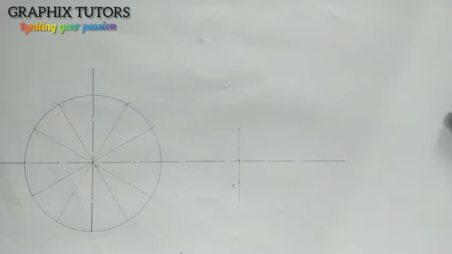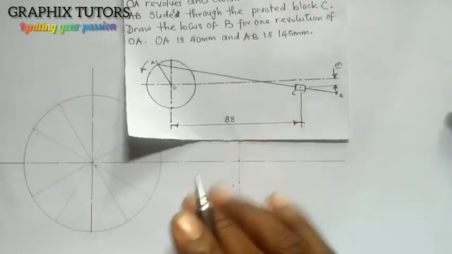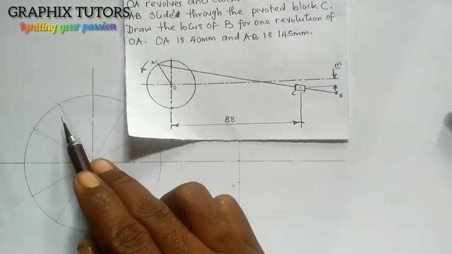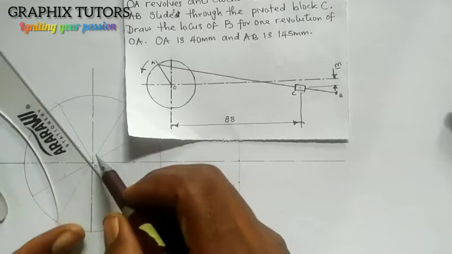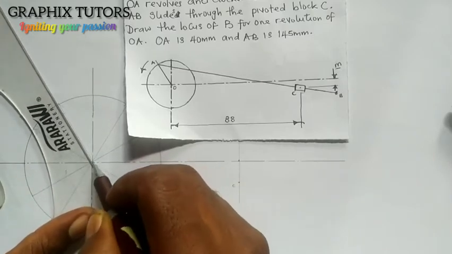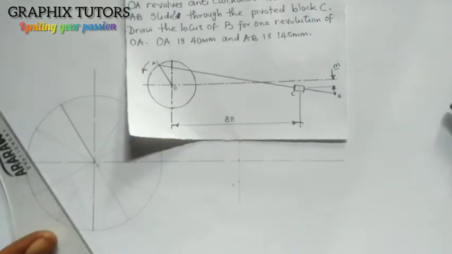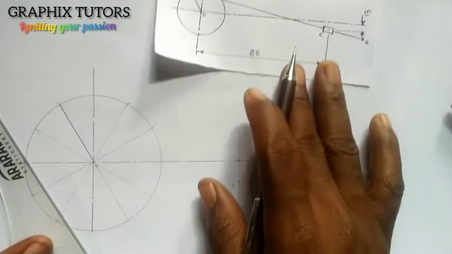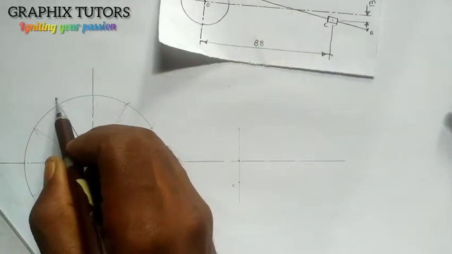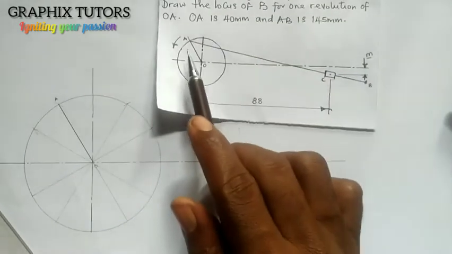Now if you look at the diagram very well, it tells me the one closer to the vertical line here is thickened. So I'm going to thicken that particular line from here to here. That will be my point A. So this is O and this is A, just like what we have here, OA.